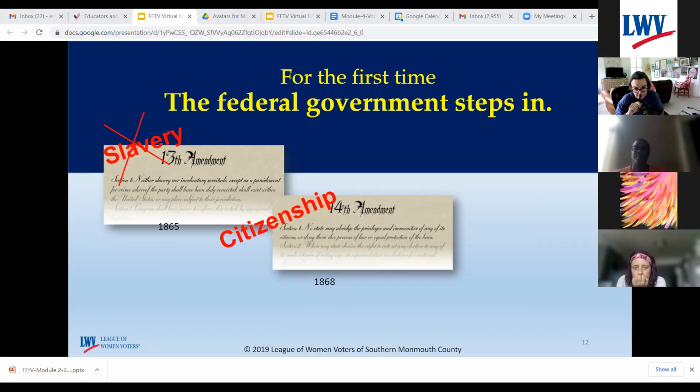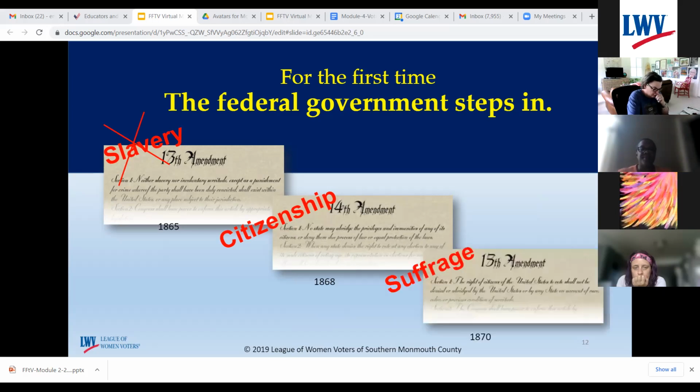Freed slaves fell in neither category. The 14th Amendment provides that, with a few discrete exceptions, people born in the United States are citizens of this country, irrespective of race, ethnicity, or the national origin of their parents.